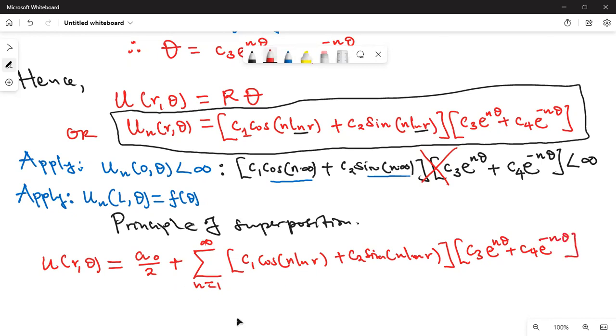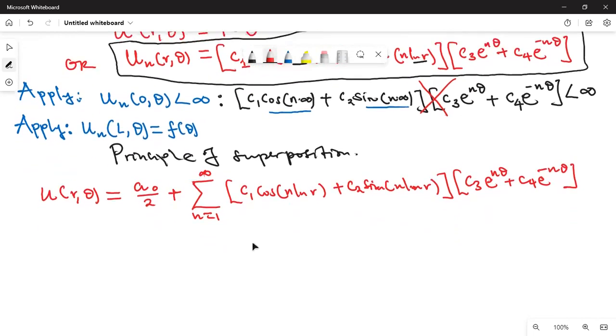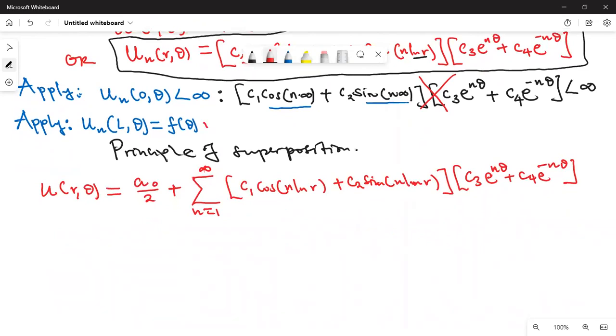So when I apply the condition at r equals L, we expect to find f of theta.